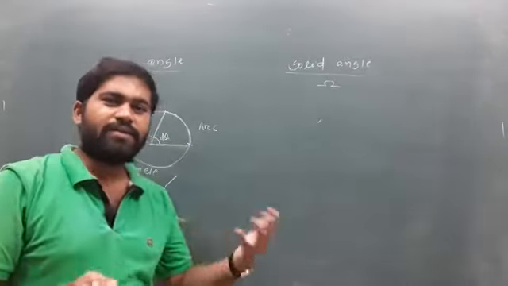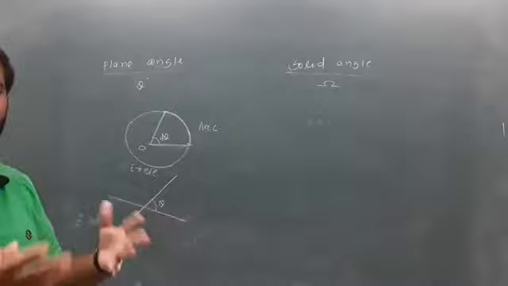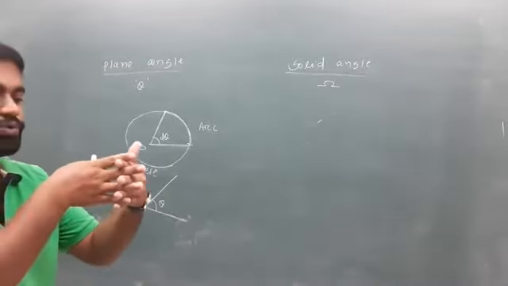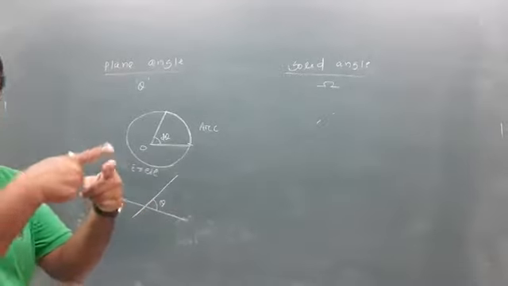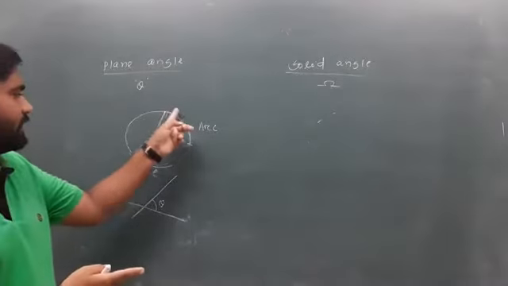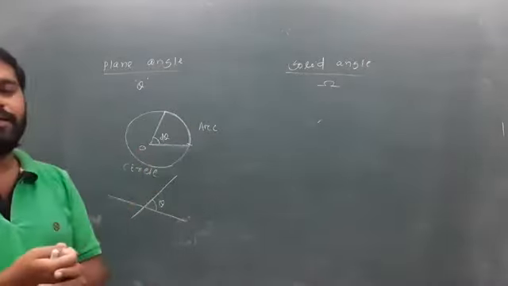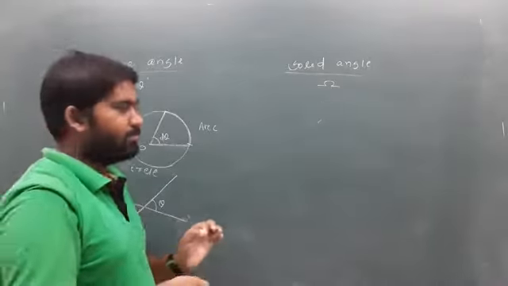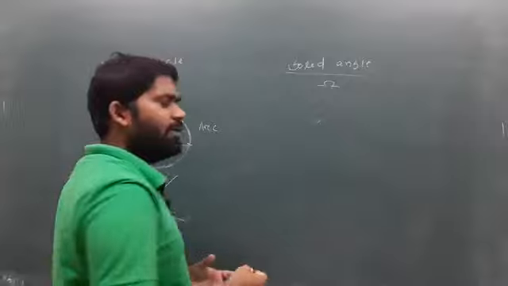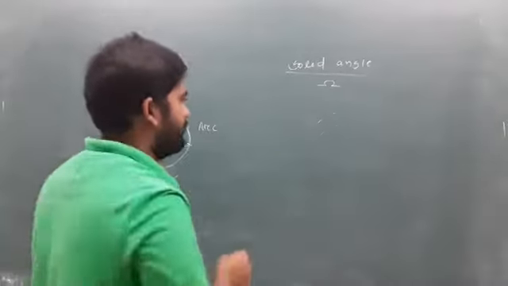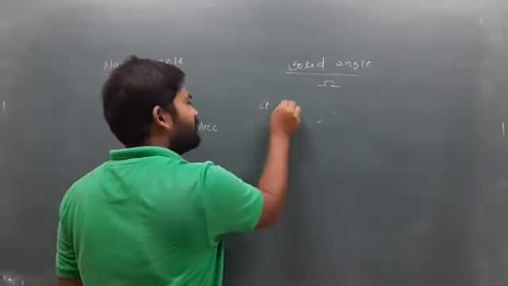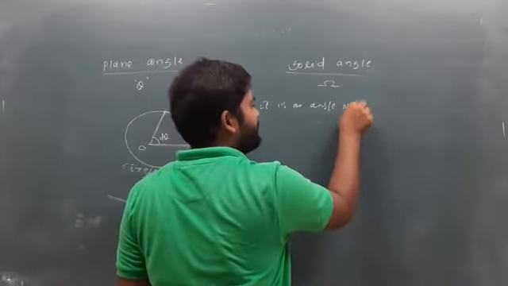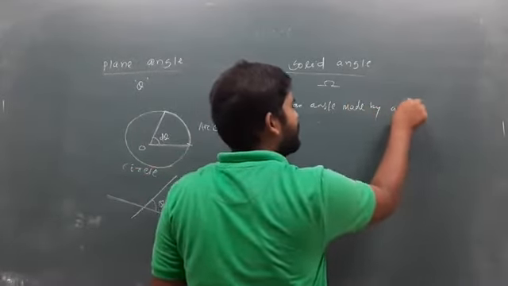Plane angle is easy to mark out, because we say that is the intersection of two planes, intersection of two lines, or simply an arc made at the center of the circle. Solid angle means it is an angle made by a surface.